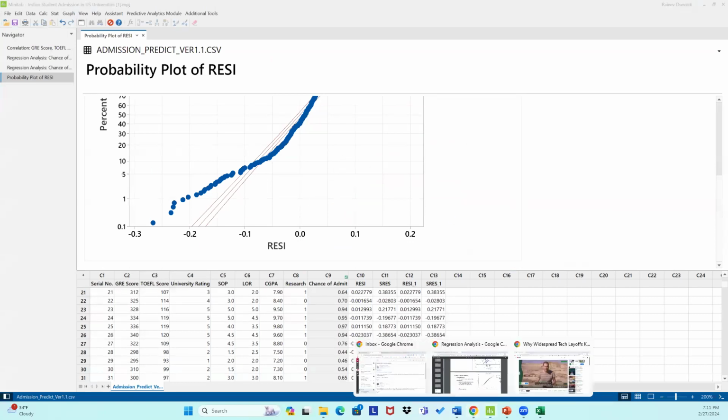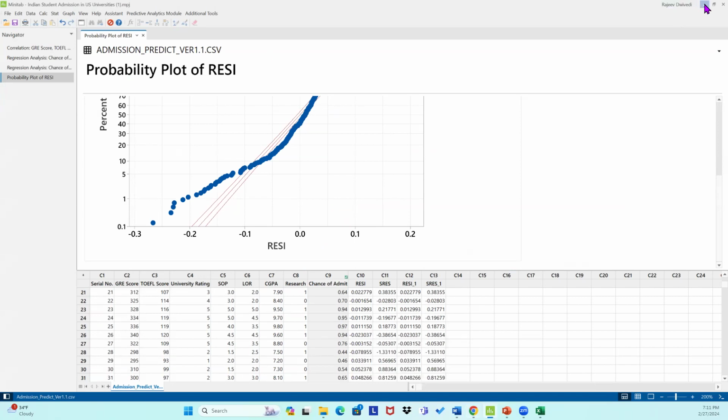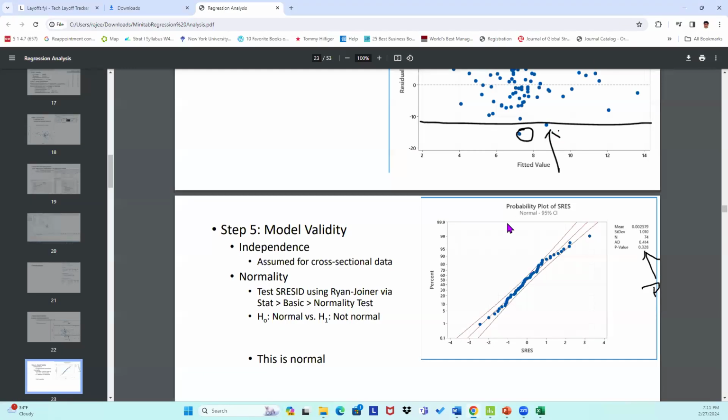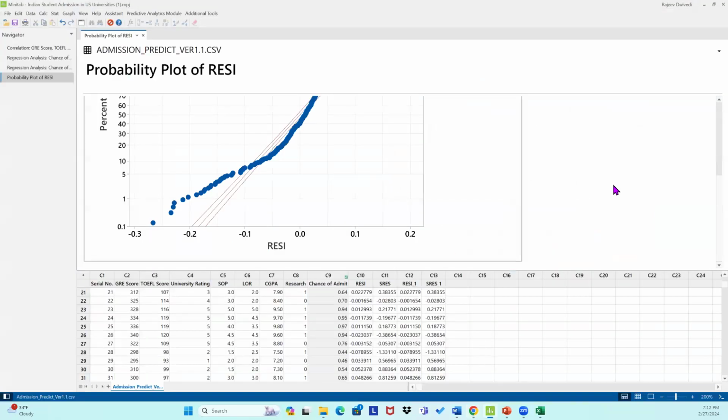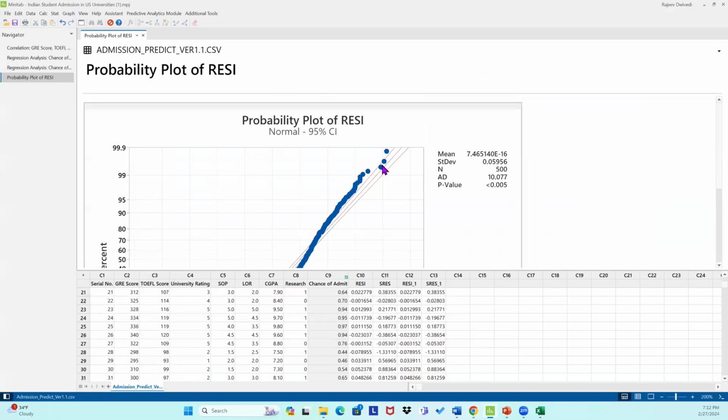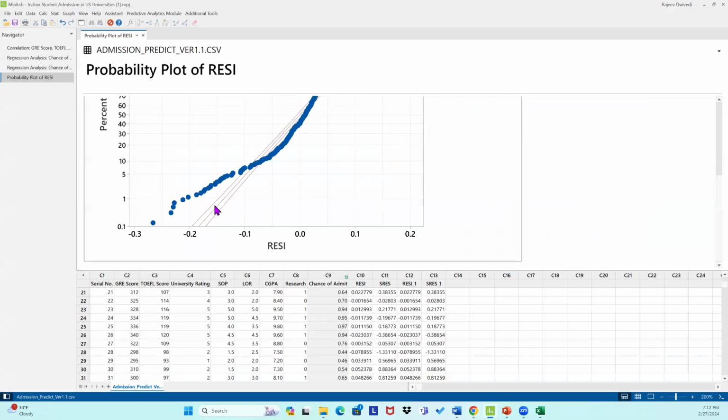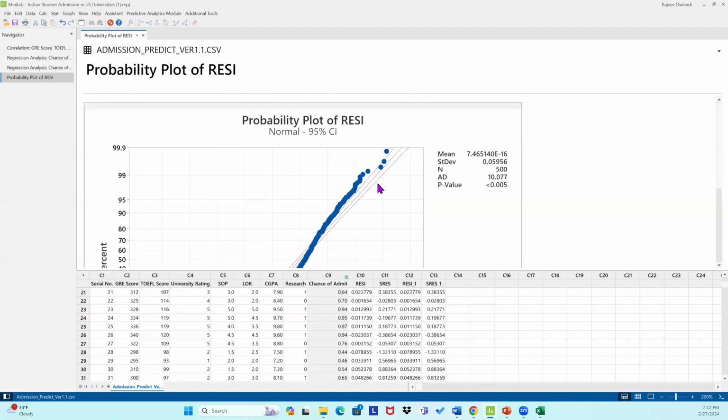Would you say that if all of the data falls within those three lines, it is normal without looking at the p-value? Basically the p-value is very important, because by the naked eye, this is 95%. If everything is almost here, then you can say it's normal.